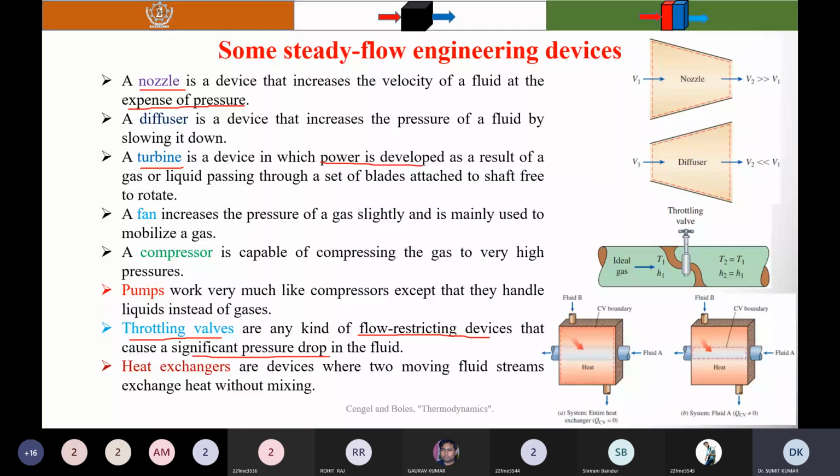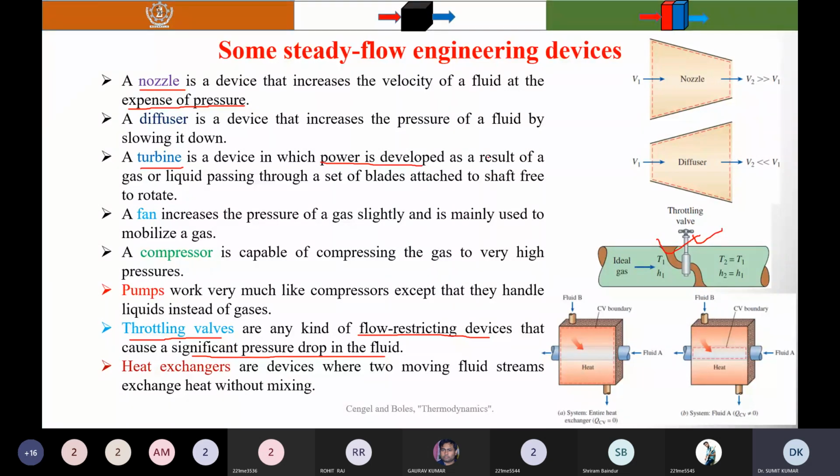If you remember, in a turbine, when it expands, there is a pressure drop, but it produces work. A throttling device does not produce any work, but there is a pressure drop. Here I am showing some valves, for example an adjustable valve, a capillary tube, and a porous plug, which are examples of throttling valves.